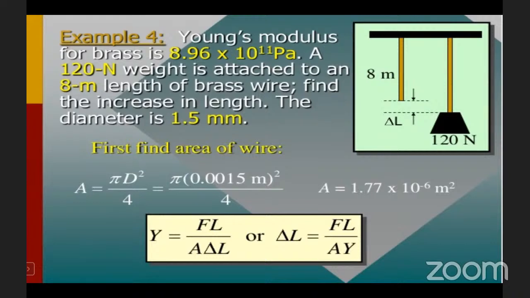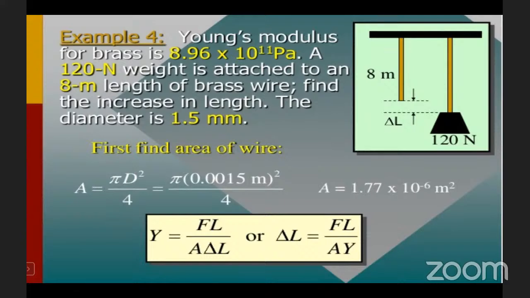When the 120 newtons of force or weight is applied on the brass wire, the wire changes in length; there is some increase in length. The wire diameter is 1.5 millimeter.